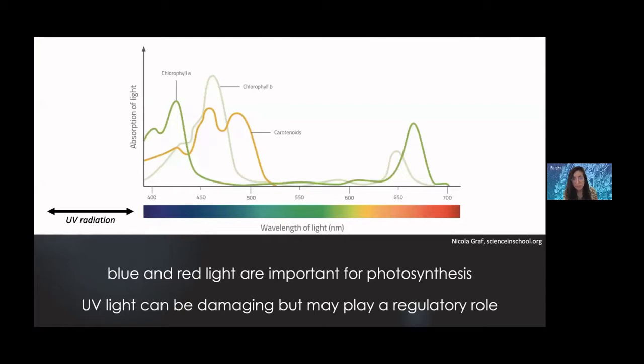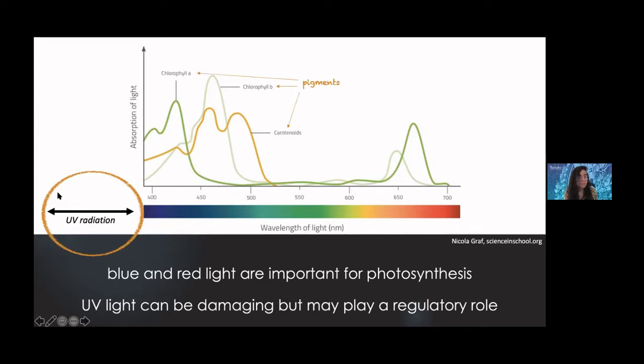So a bit about light and what plants use for photosynthesis. These are absorption curves, and where they're tall, it shows where it's most absorbed and therefore most important. So the chlorophylls absorb largely blue and red light, and these carotenoids have a little bit wider spectrum of absorption, and maybe even into the UV range, which is over here.